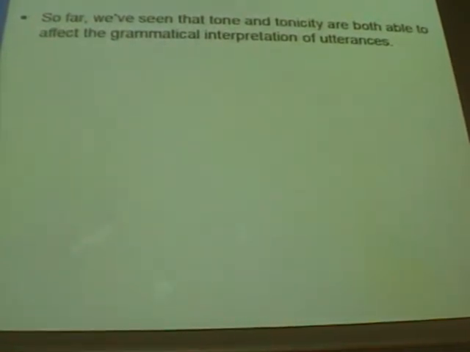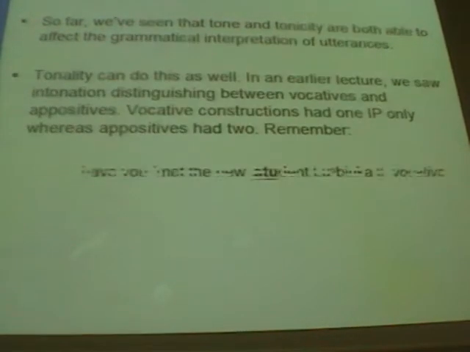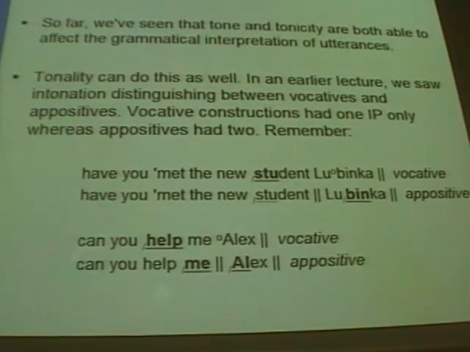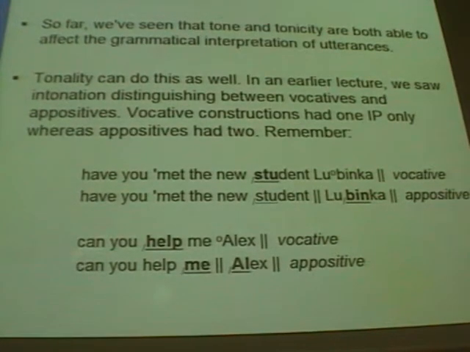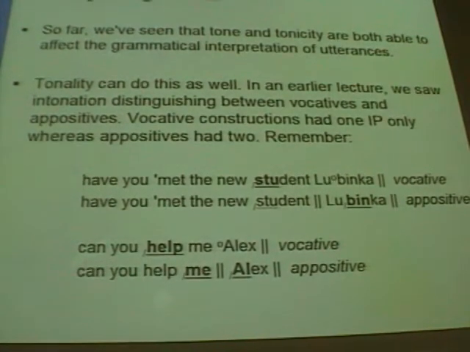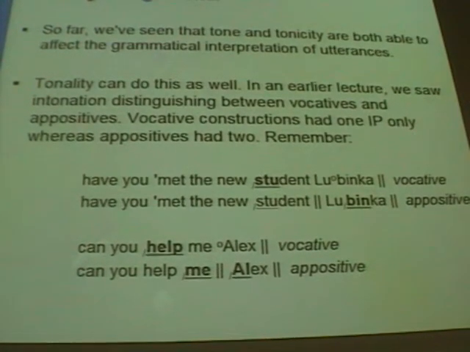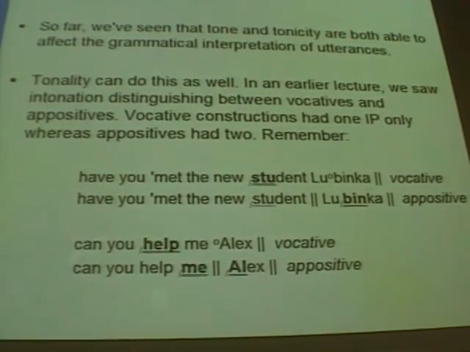We've seen tone and tonicity doing different jobs for us, but tonality can do this as well. And you've already seen this happening to a limited extent when we looked at vocatives and appositives. And if you remember, the vocative constructions had just one IP. The appositives had 2. That's one way of doing it anyway.